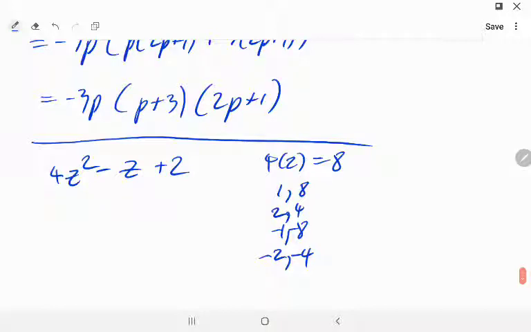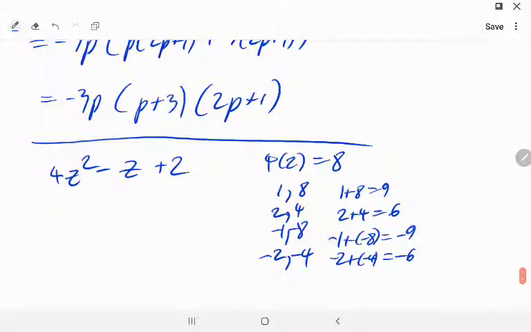None of those sums add up to negative 1. So 1 plus 8 is 9. 2 plus 4 is 6. Negative 1 plus negative 8 is negative 9. Negative 2 plus negative 4 is negative 6. And so we know that this polynomial is prime. There is no factorization for that polynomial.